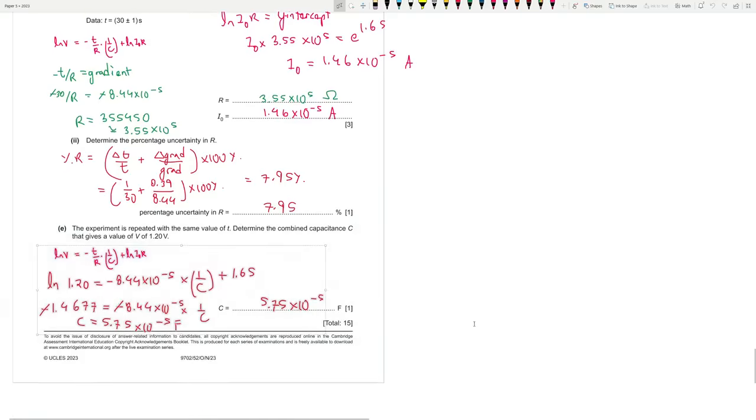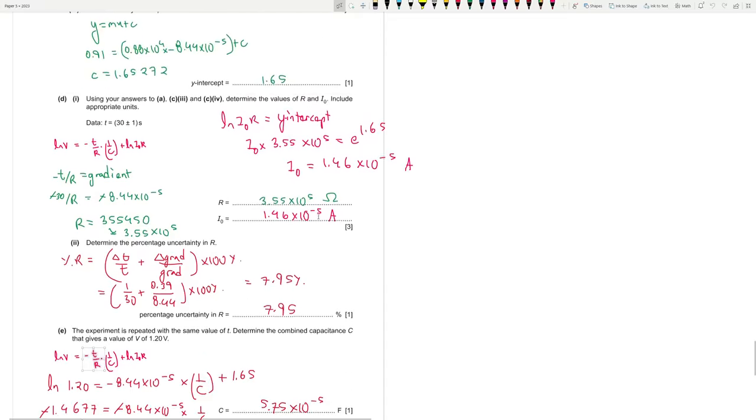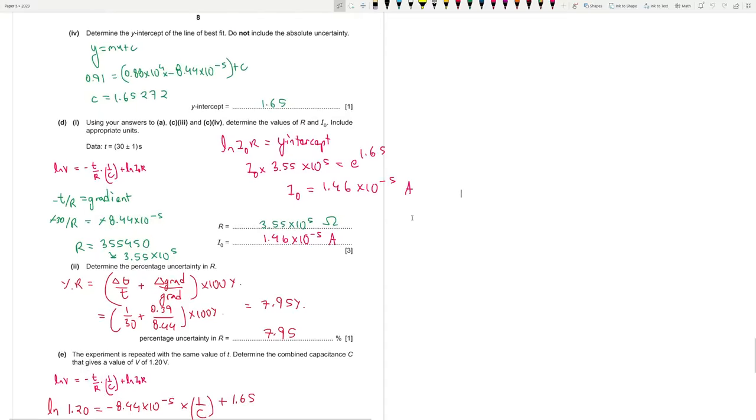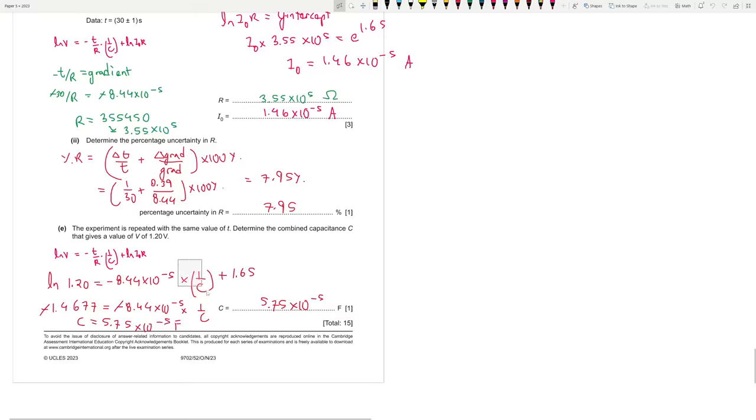And then the experiment is repeated with the same value of t, 30 seconds. Determine the combined capacitance that gives a value of 1.20 volts. Okay, so you write this again. ln 1.20 equals the gradient. So just replace minus t by R by the gradient, which is minus 8.44 times 10 to the power minus 5 times 1 by C plus 1.65.